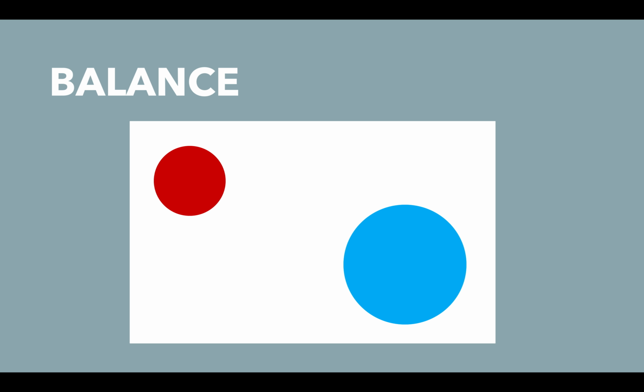The interesting thing, though, is that for a lot of people, even though the blue circle is bigger, your eye is naturally drawn up to the red circle anyway, and that is because in our language, we're reading from left to right and from up to down. So we're naturally inclined to start up here in the first place, which is kind of interesting. It's interesting to know your audience that way and be able to design things with that in mind.